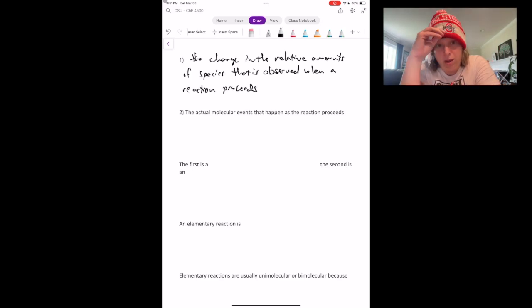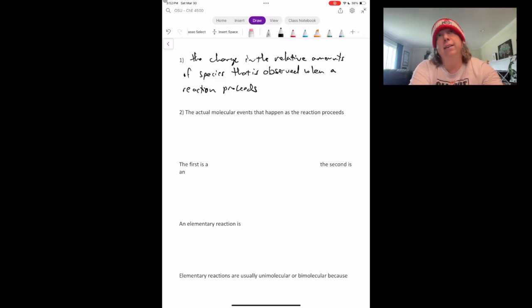The other thing that is conveyed by a reaction is the actual molecular events that happen as this reaction proceeds. So when we're talking about the first reaction that we looked at, the SiH4 plus SiH2 goes to Si2H6, that is a statement of both of these things, the change in the relative amounts of the species that's observed as the reaction goes on, and also the actual molecular event that occurs.